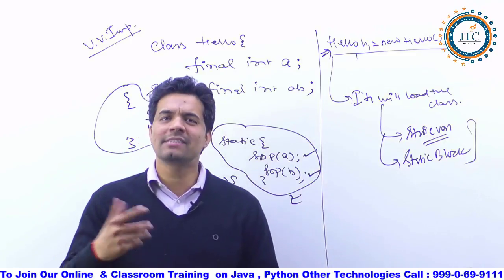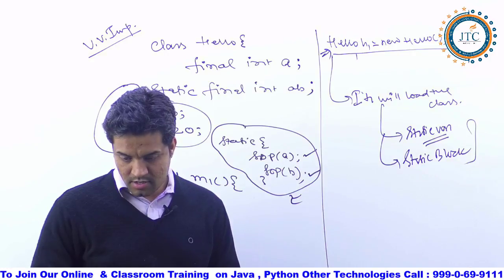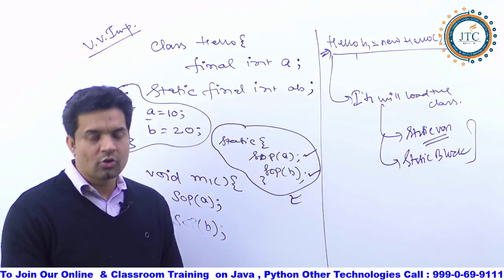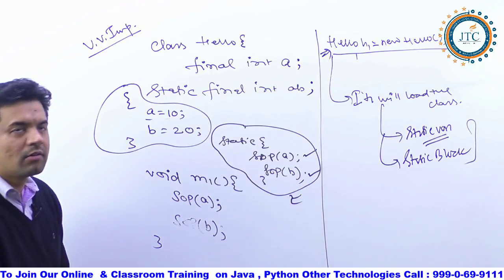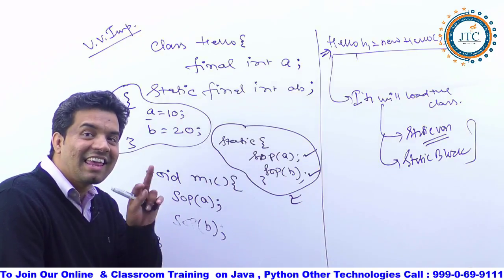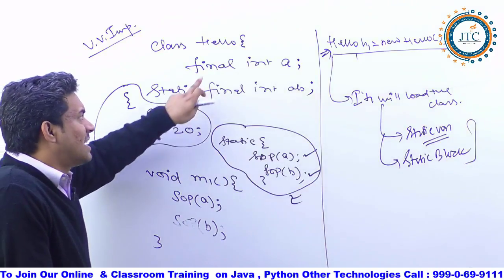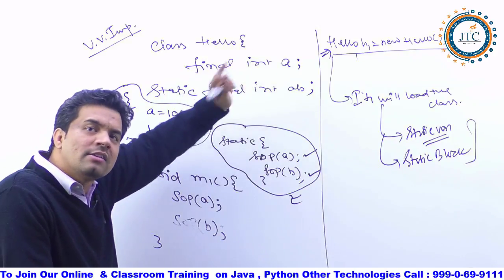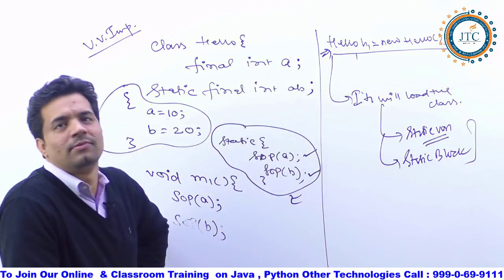So here the best idea is, what I am just suggesting to you all is, if it is an instance final variable and you have not initialized it at the time of declaration, then try to initialize it in the instance block itself.